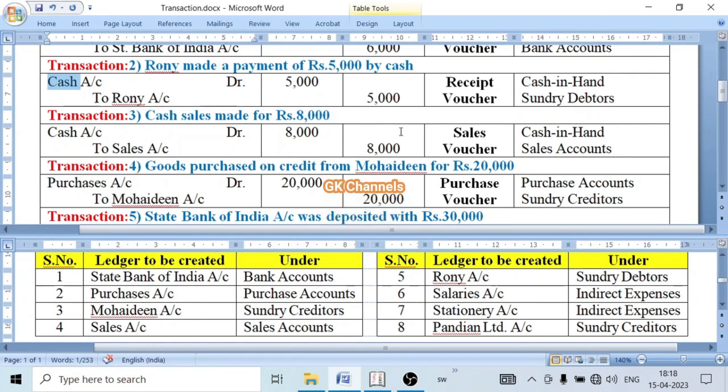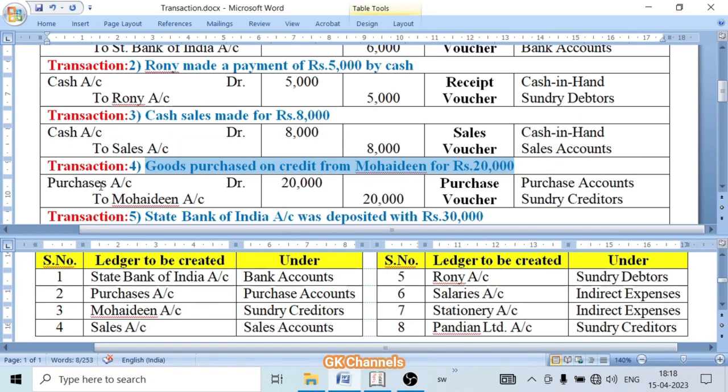Third transaction, cash sales made for rupees 8,000, sales voucher. So sales account should be created under sales accounts group. Fourth transaction, goods purchased on credit from Mohideen for rupees 20,000.